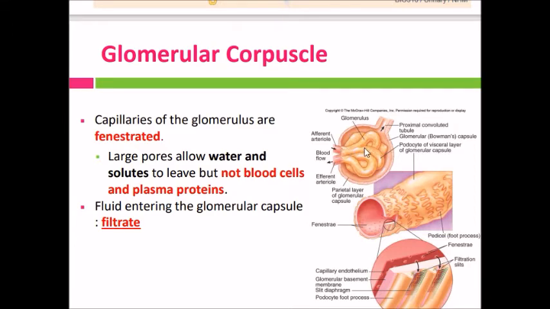Meaning to say, the glomerulus has large pores that can allow water and also small molecules to leave the blood vessel. Here we can see quite big pores. The filtrate will go to the Bowman capsule, but not the large molecules such as blood cells and plasma proteins.